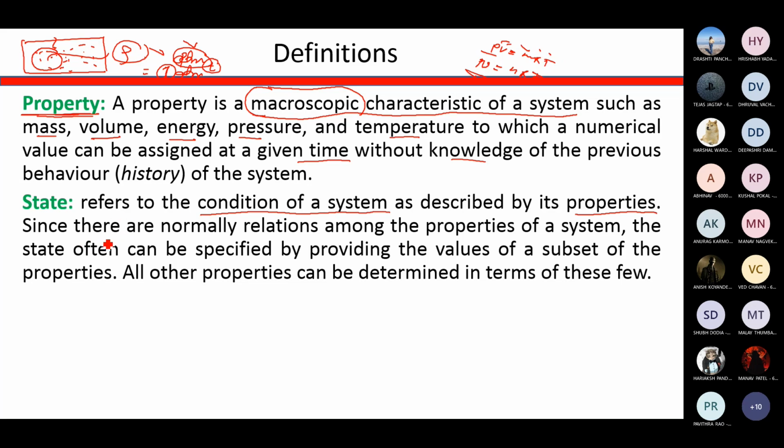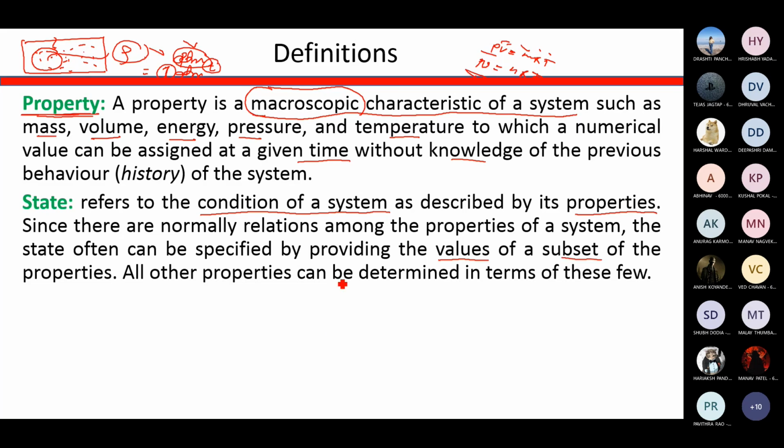Since there are normally relations among the properties of the system, the state of the system can be specified by providing the values of a subset of the properties. Once you know those minimum properties, all other properties you can find from these properties.